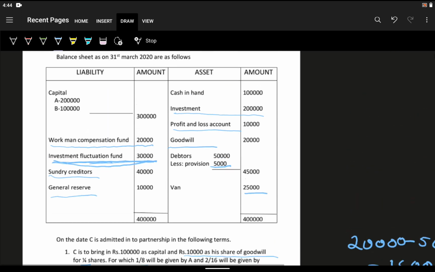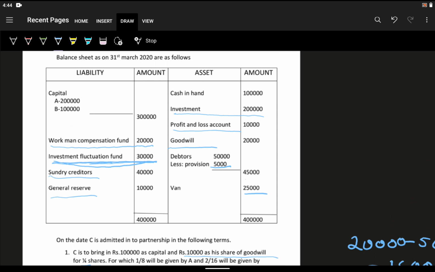But here in the question, investment fluctuation fund is given. If it is given, you want to decrease the loss that happened to the investment. That means that fluctuation you deduct from the fund, and the remaining amount you distribute to all the partners in their profit sharing ratio.